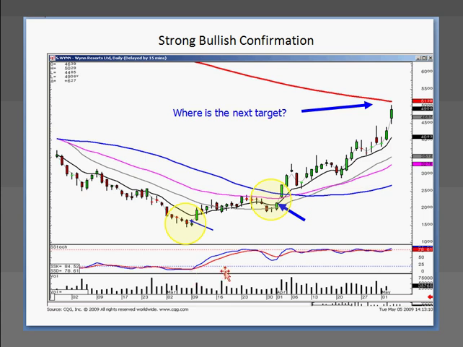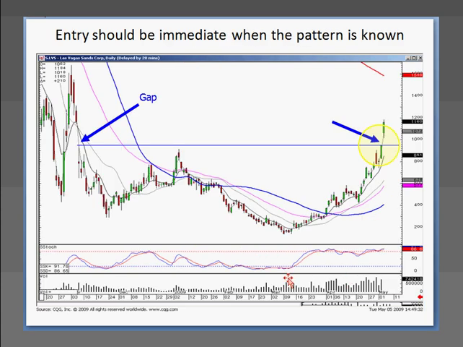Now, does that mean we might take bigger losses by waiting to the end of the day to see if it's actually going to close below the T line, and it may go down a little bit further? Yes, that's a good possibility. But the probabilities are, if we're analyzing a trend, that we have to wait to the end of the day, because a lot of times they'll trade back below the T line.